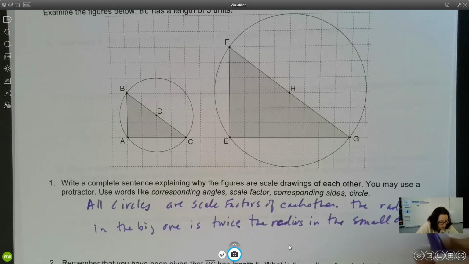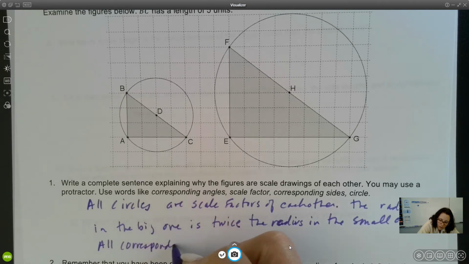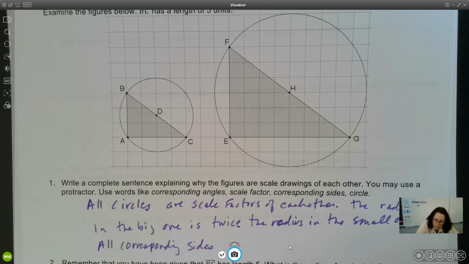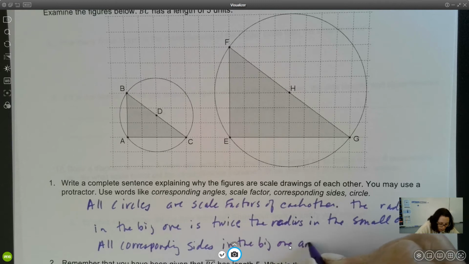All corresponding sides in the big are twice the size of the small.